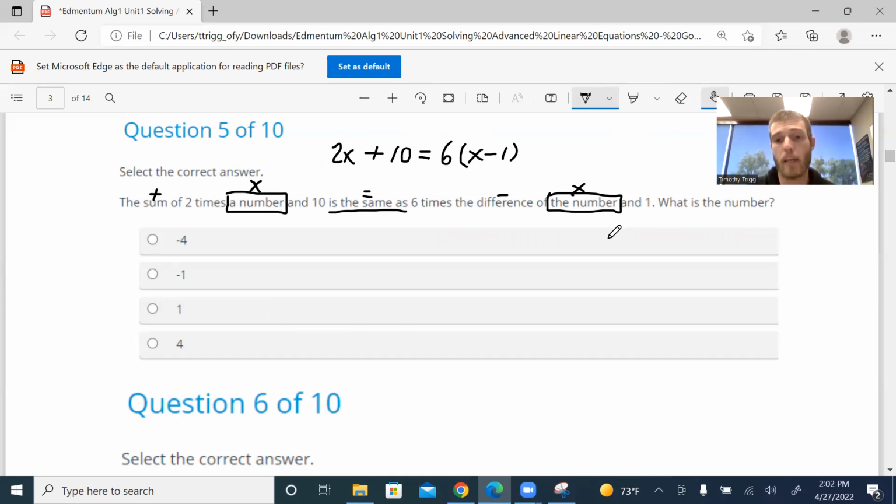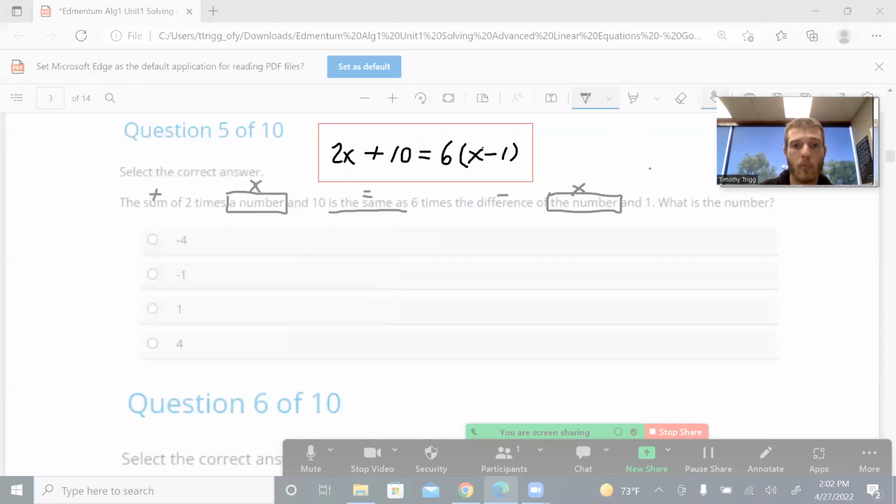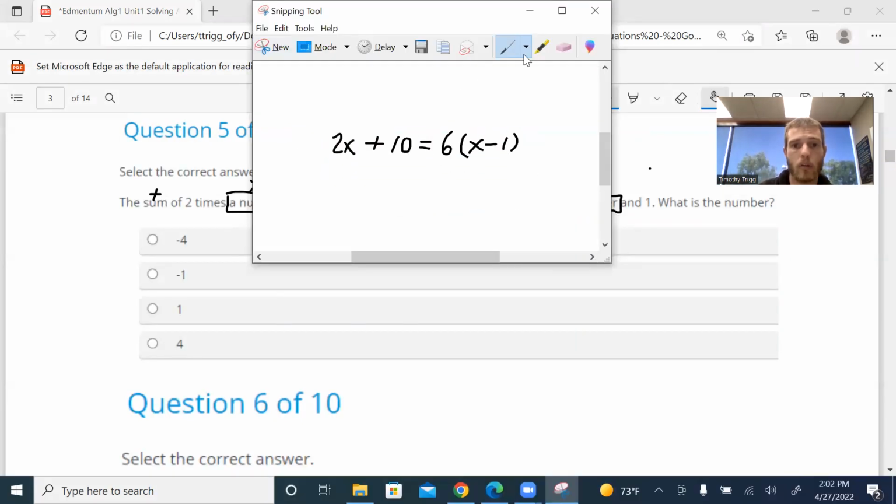That was kind of a complicated one to translate into math. But what do you suppose my first step here would be? Well, I hope you agree that my first step will be to distribute this 6. So the 6 multiplies with the x and also with this minus 1. So that's going to be 6x minus 6.